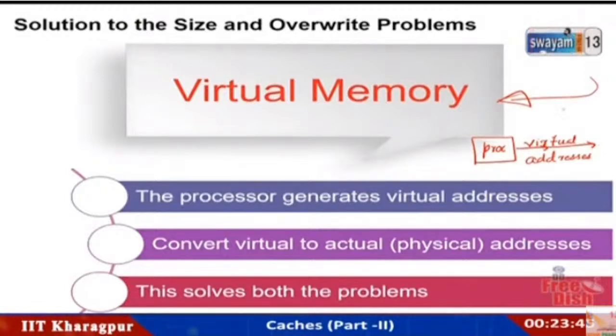Then we have a translation module, which we have traditionally referred to as a memory management unit. The translation module generates physical addresses. These physical addresses are generated in such a way that we solve both the problems of the overlap and the size.